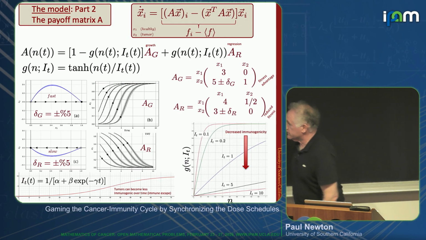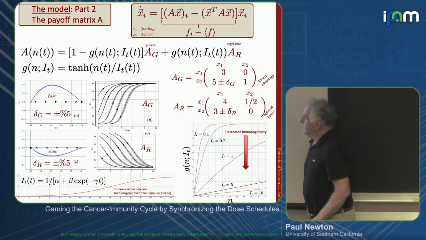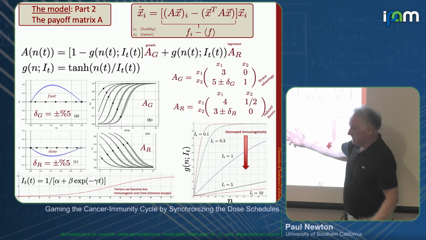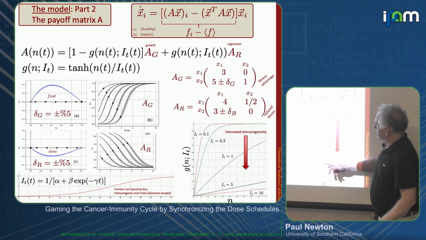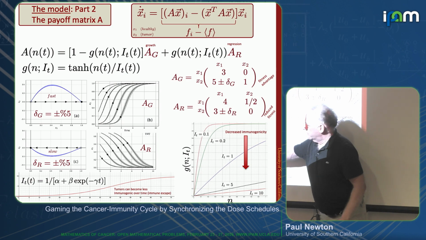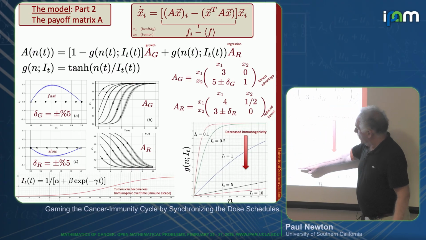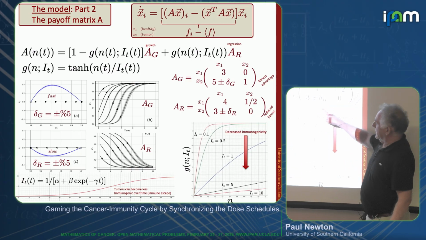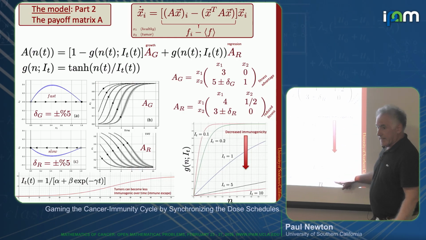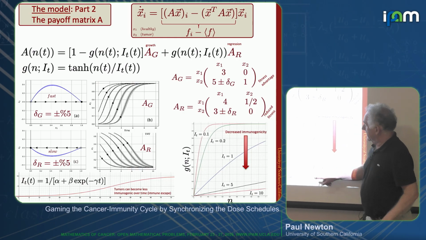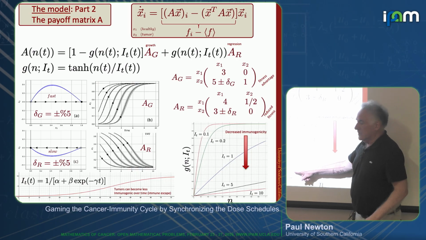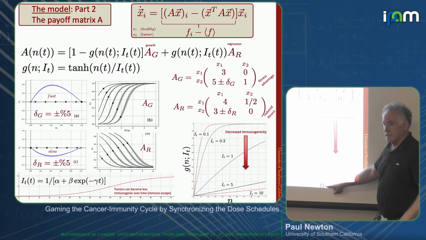So here's how that works. This is my function g. Just take an example: a fixed value of the immunogenicity function, say 0.1. Then this g function is very steep and flattens out as a function of n. That means it's very sensitive to changes in the immune system.